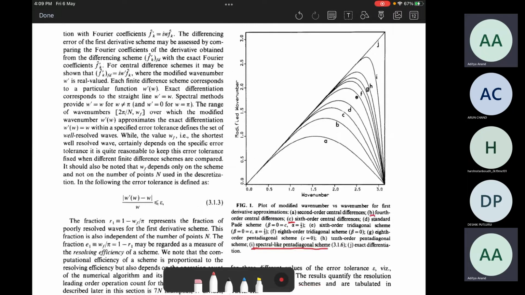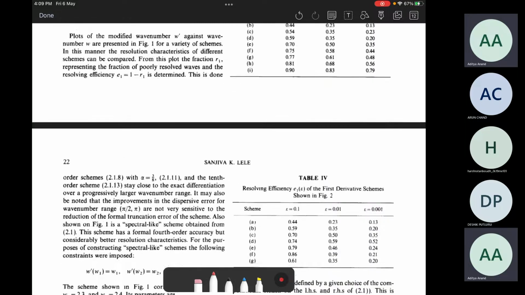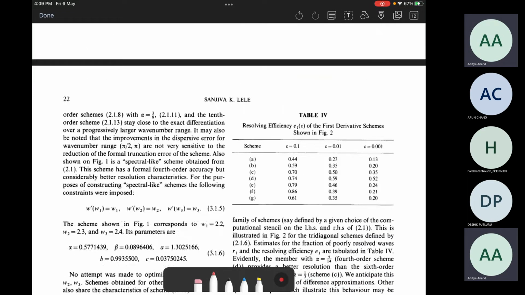Out of all of these, this is the most accurate in resolving the wave numbers when compared to the Fourier differentiation. And if you look here, the spectral like scheme has a formal accuracy of only fourth order.